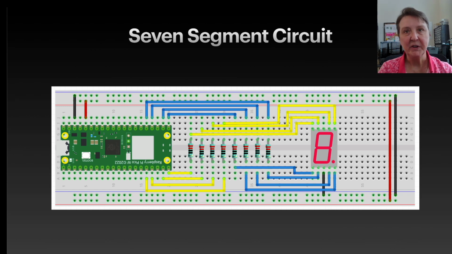Here's the first circuit we'll set up for our 7-segment display. And it's a lot of wiring because you have 8 LEDs in here, and you're going to need 8 GPIO pins to control them individually. And you might see in some videos where people only use one resistor on the common pin to be the current limiting resistor for the LEDs.